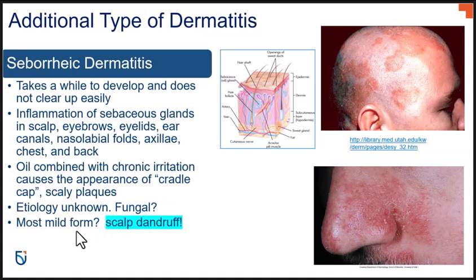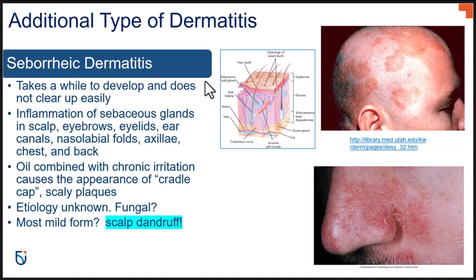Now, the cause, or etiology, is unknown, but proposed etiologies would include a possible fungal infection. Another thought could be immunosuppression. So for example, people that have certain conditions that suppress their immune system might be predisposed to developing dermatitis. Those are just some examples.